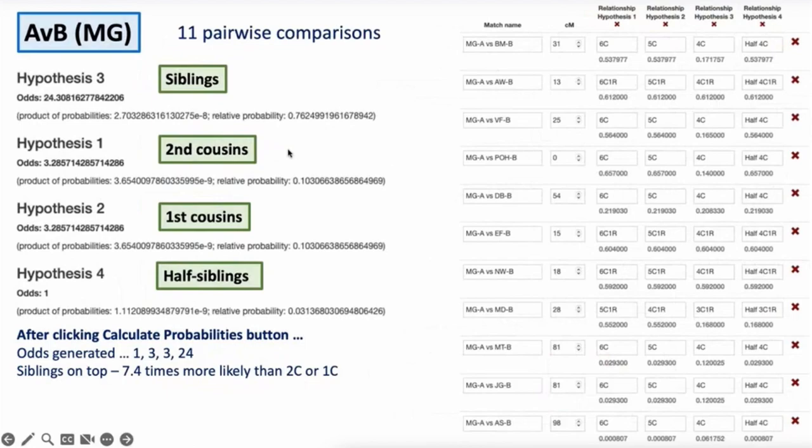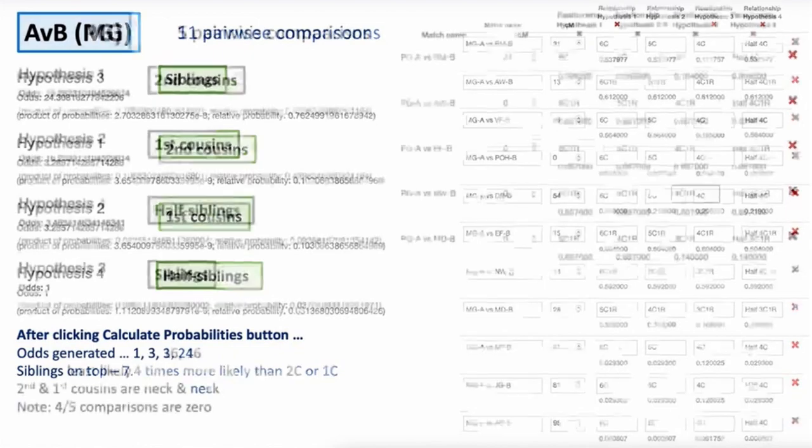Interestingly, in the previous analysis second cousins were ruled out, but in this analysis, using my data, they haven't been ruled out. So again, it shows you how variable the DNA can be and how variable the output can be based on the DNA that you put in.